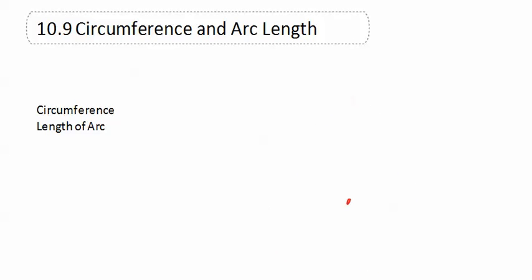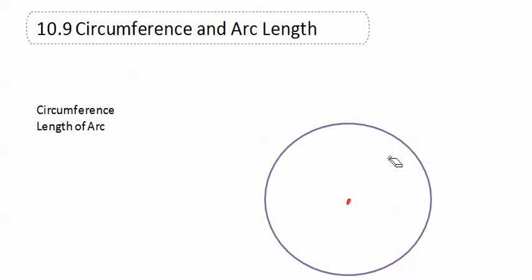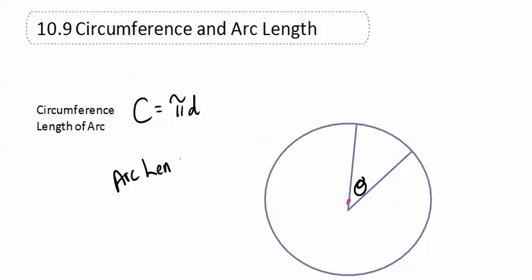We can calculate circumference by pi times diameter. And what an arc length is, if we have an angle from the center, what we do is we can take theta and we can take it over 360 and multiply it by the circumference.